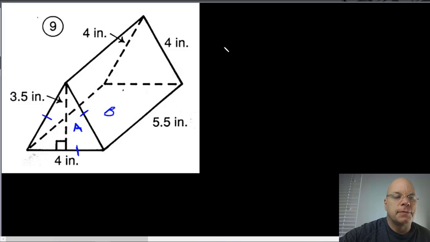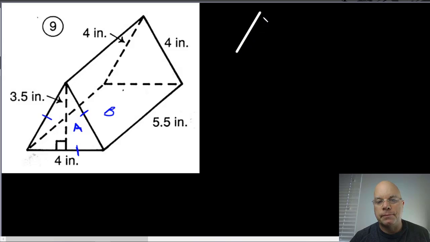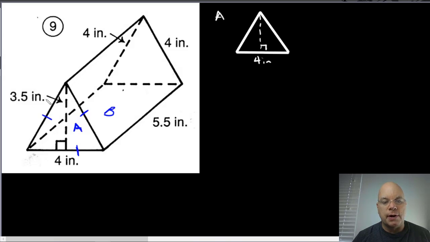We have the equilateral triangle as one face, so I'll sketch it here. We're calling that face A. It has a base of 4 inches and a height, the perpendicular distance to the base. You see it's labeled here as 3.5 inches, so h equals 3.5.